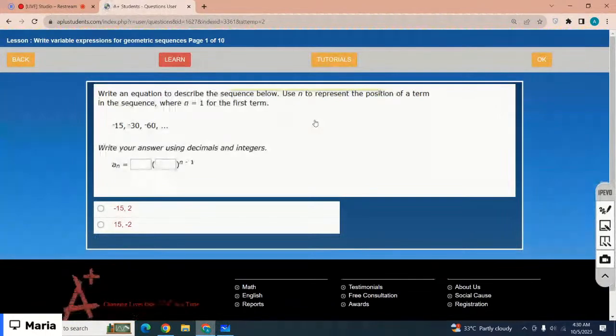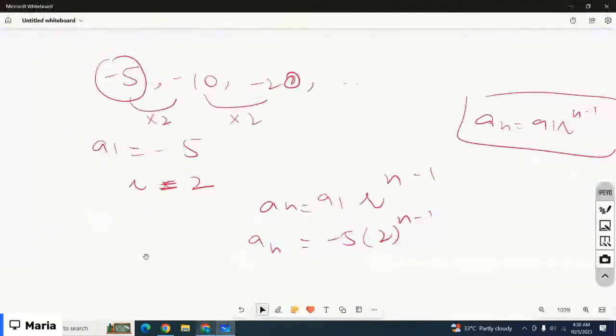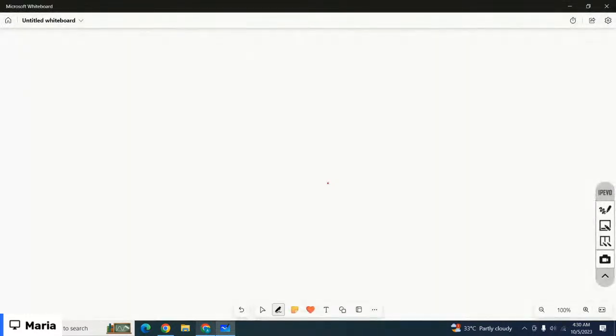Write an equation that describes the sequence below. Use n to represent the position of the term in the sequence where n equals 1 for the first term. The sequence is -15, -30, and -60. Let's understand the sequence first.